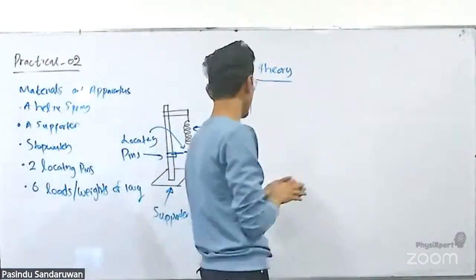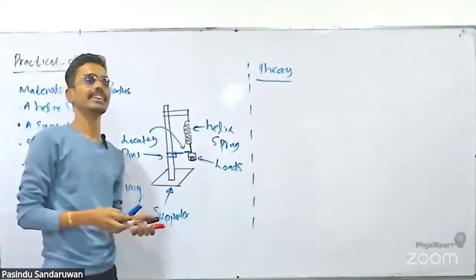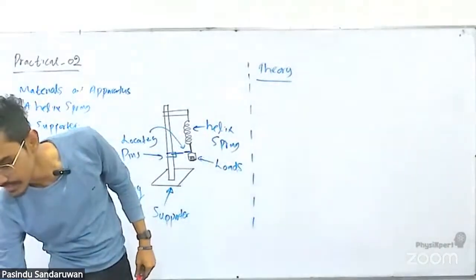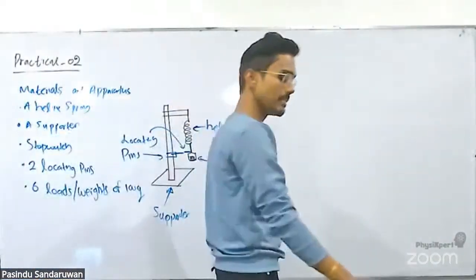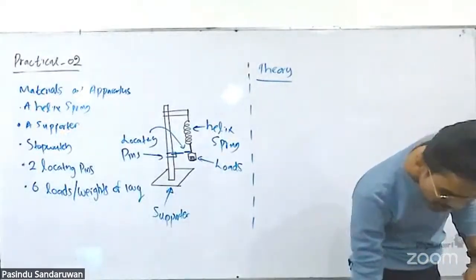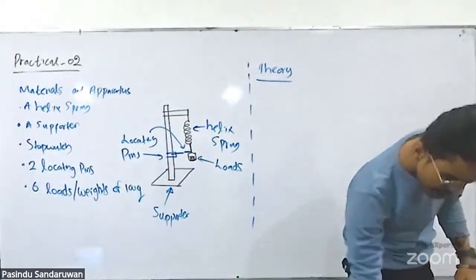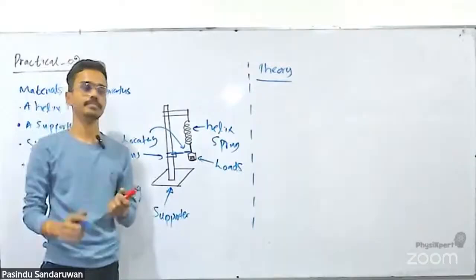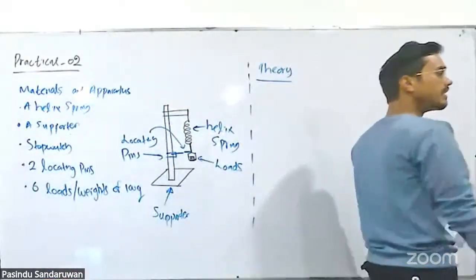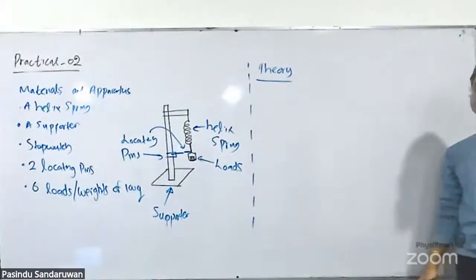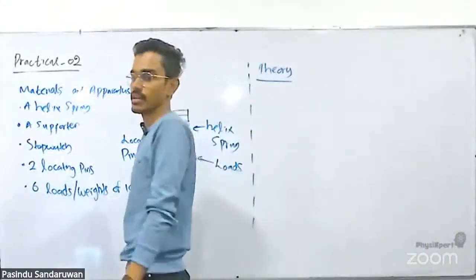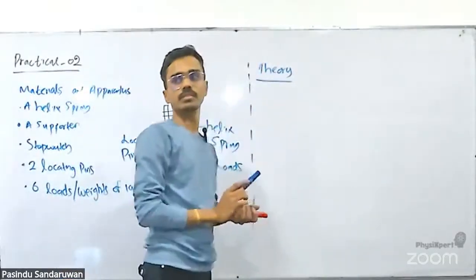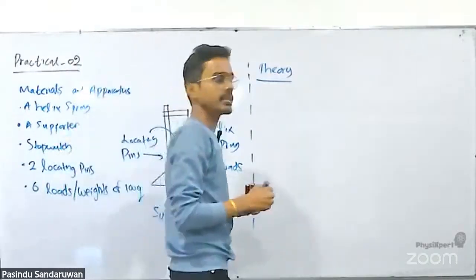Okay, theory. Write down. Let suspended mass be m, and spring constant be k.